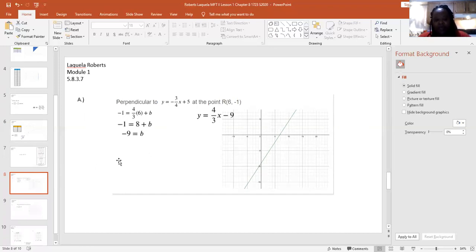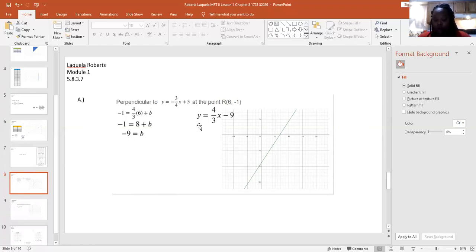So your slope will be negative 3/4, and your perpendicular slope, the negative reciprocal, will be 4/3, right? So y minus negative 1 equals 4/3 times x minus 6. Then you'll do the distributive property, and you'll get y plus 1 equals 4/3 x minus 8.